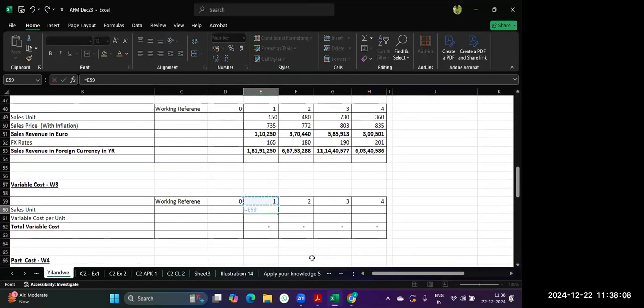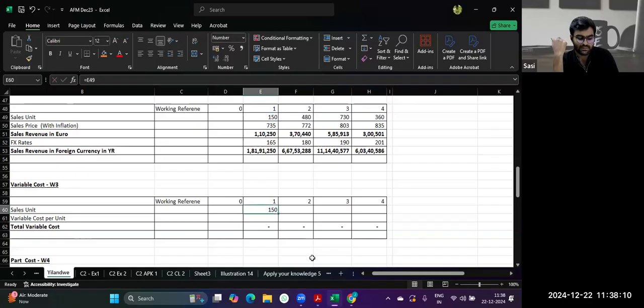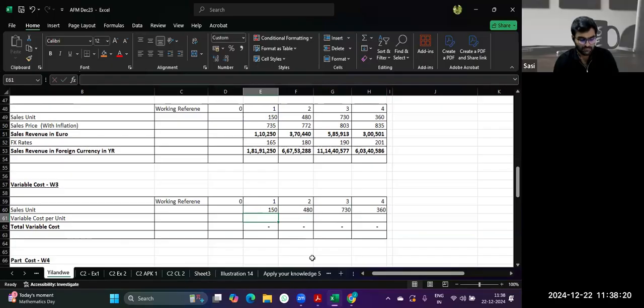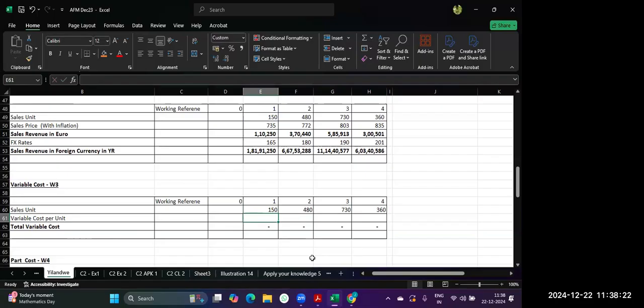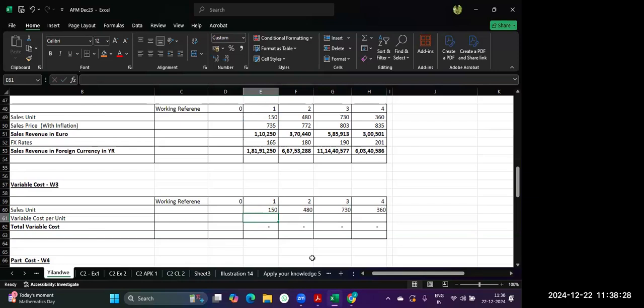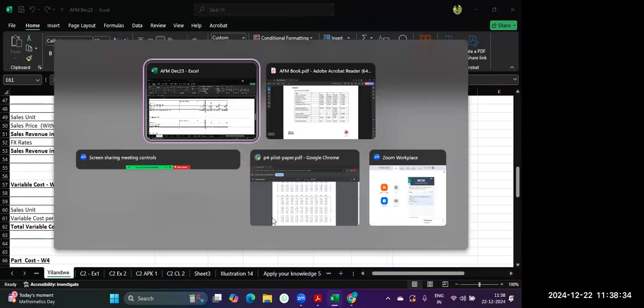Variable costs are given directly: 15,960 per component, in Zimbabwe, and the currency is also Zimbabwe. So guys, for every line item of cost, income or expense, you need to ensure which currency it is, so that you can convert it, and what the conversion rates are.